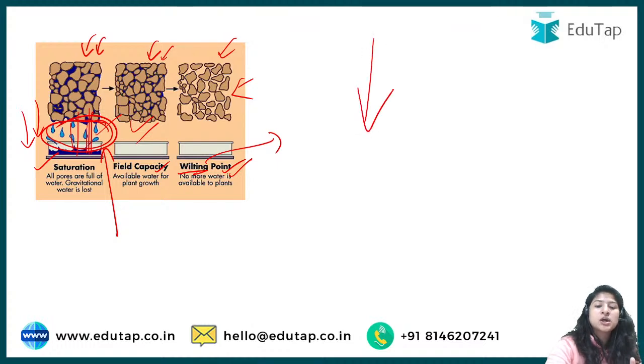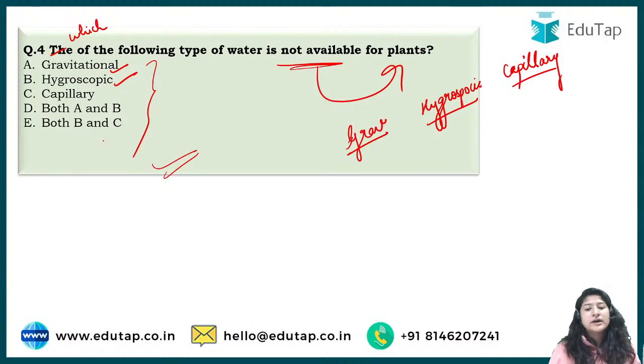Gravity is a force which forces an object to move towards the center of the earth. That is the scientific definition, but in general, the force which keeps us on the earth is gravity. So this is the gravitational water which has moved out, and that is why it is not available for plants.